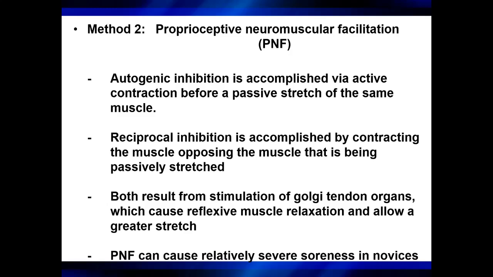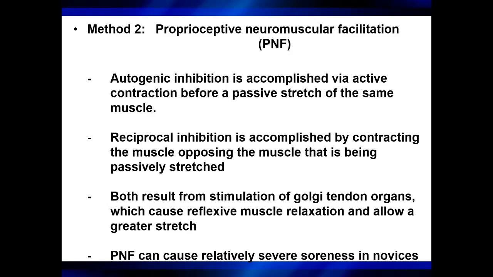So by contracting it, you're once again fooling the proprioceptors in that opposing muscle, and then it allows you to stretch the muscle you want to stretch further in that passive stretch. Obviously, you're stimulating Golgi tendon organs, which is going to cause a greater muscle relaxation, allow a greater stretch.